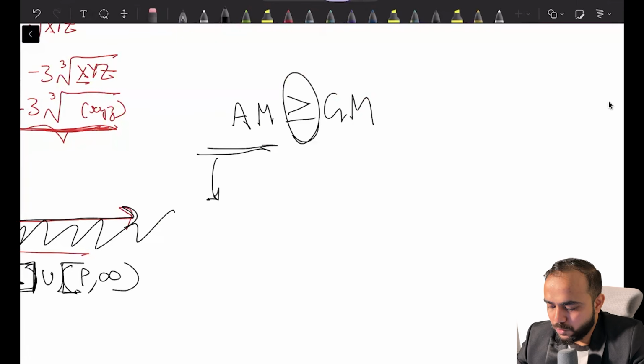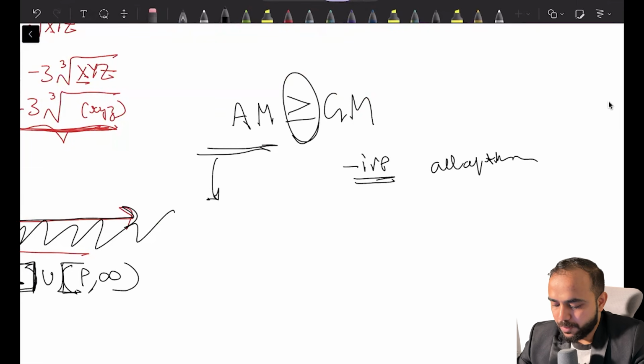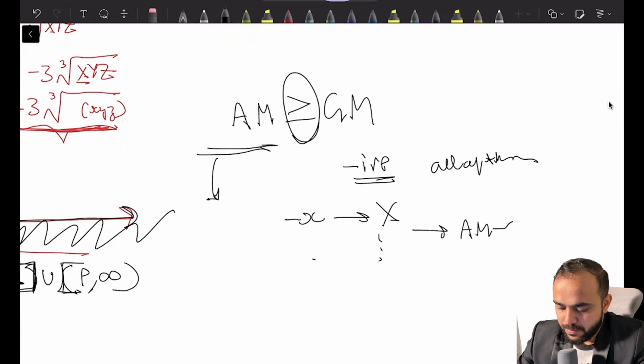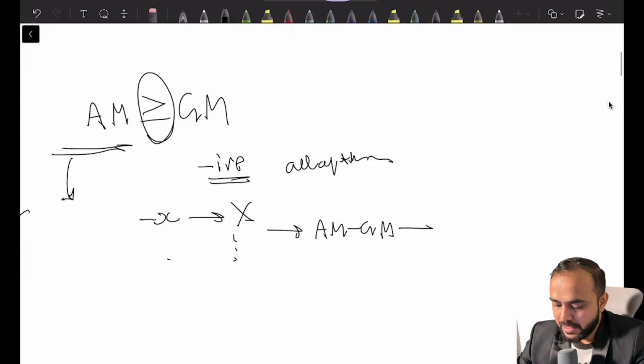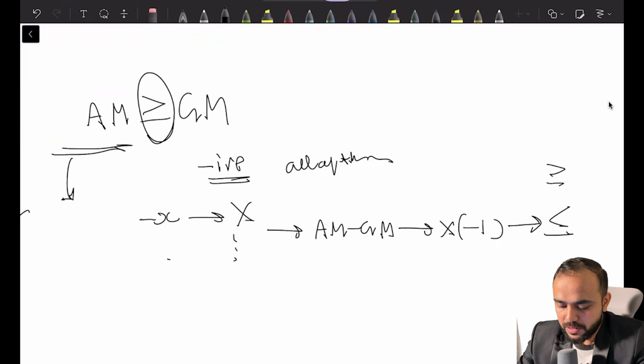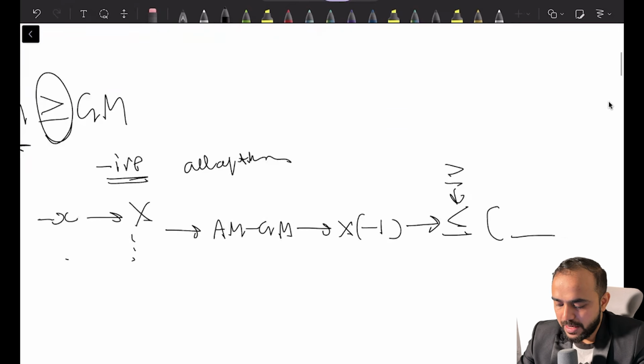So your approach, if you have negative variables given, all of them negative, would be you write minus x as capital X, so on for all, apply AMGM, then you multiply with -1, flip the sign from this to this, and then you will land up with small x, small y, small z only.